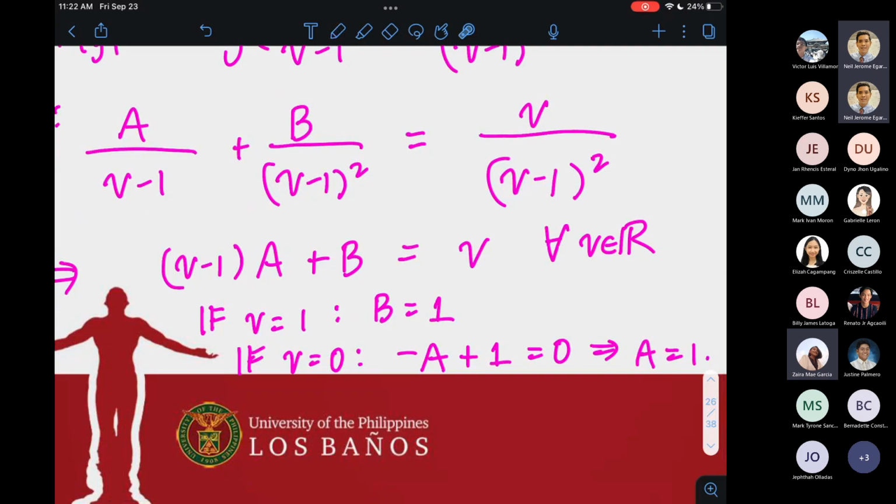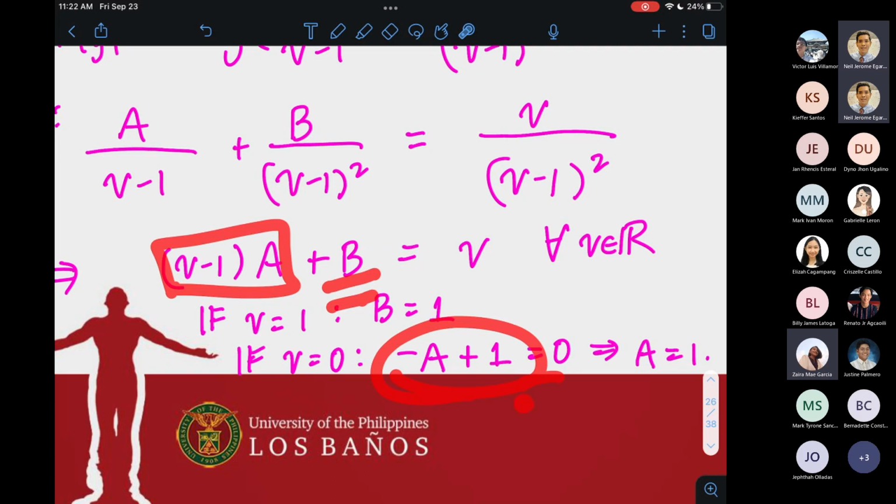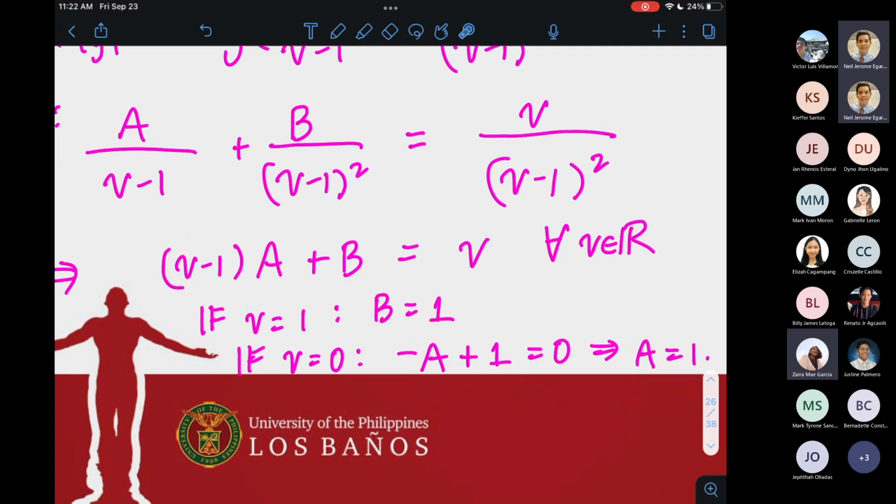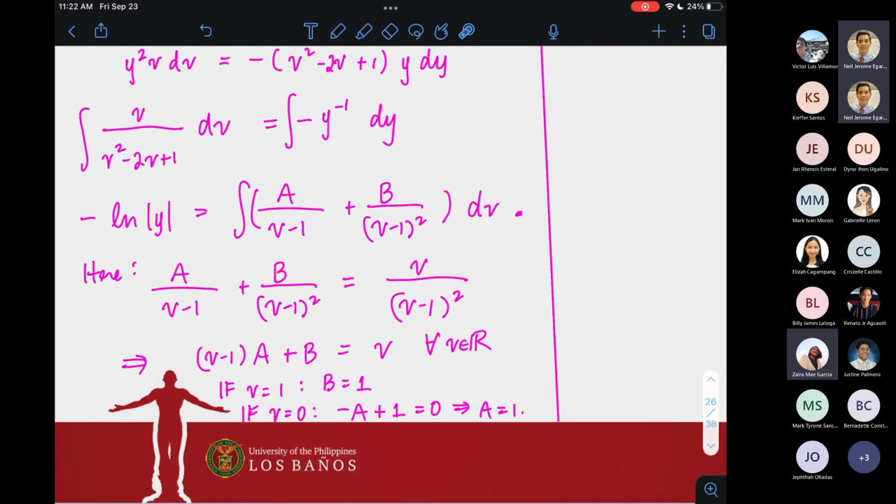Tama naman yung ginawa ko, no? Nagduda ako bigla. Pagka si v ay 1, ito ay magsi-0. B equals 1. So that's good. Kapag si v ay 0, this would be negative a plus 1. Negative a plus 1 equal kay 0. A equals 1. Do you agree? Tama ba? Or hindi nyo na alam yung ginagawa ko? Sana tama. Okay, thank you guys.